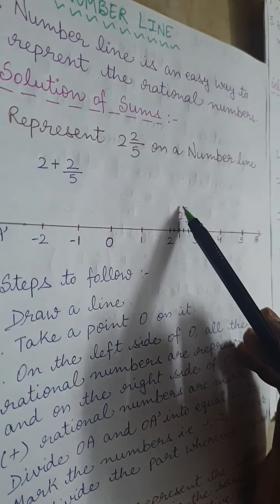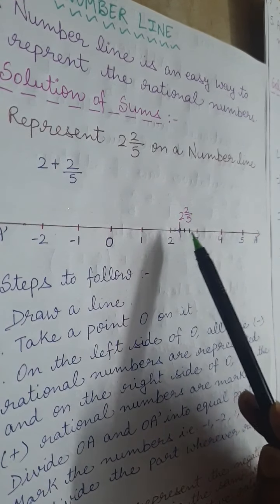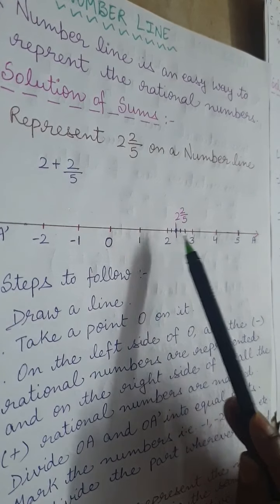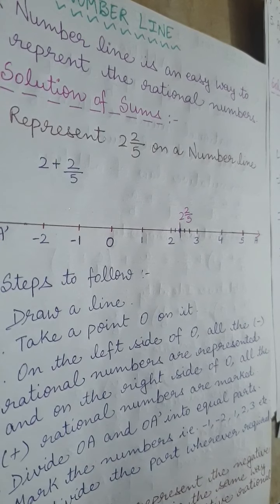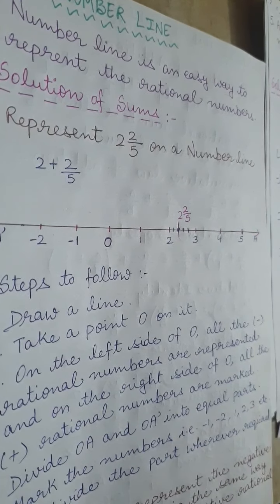Now which fraction do we have to represent? That is 2/5. So for this purpose we have to divide the space between 2 and 3 into 5 equal parts. How many parts? 5 equal parts.